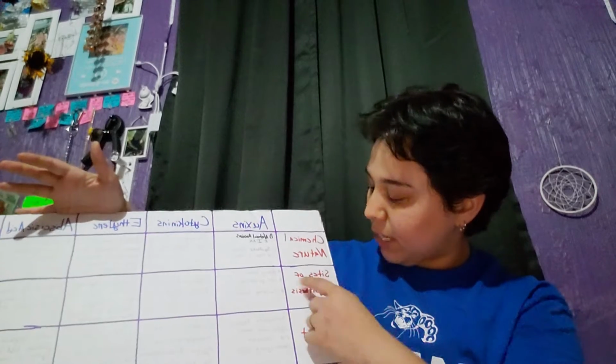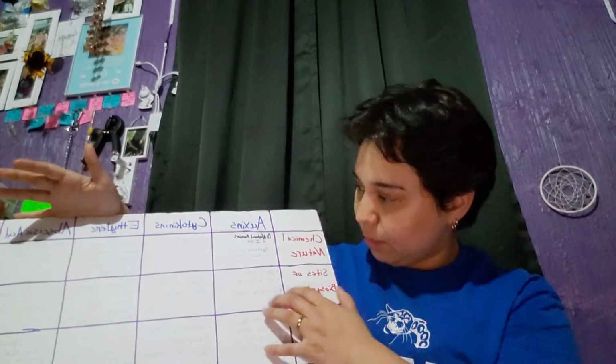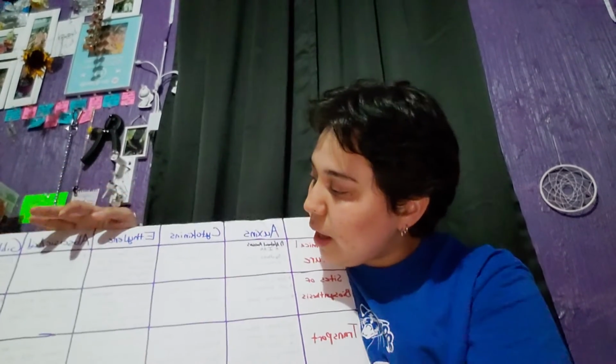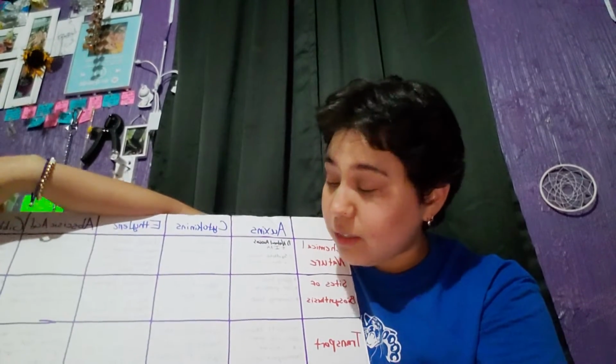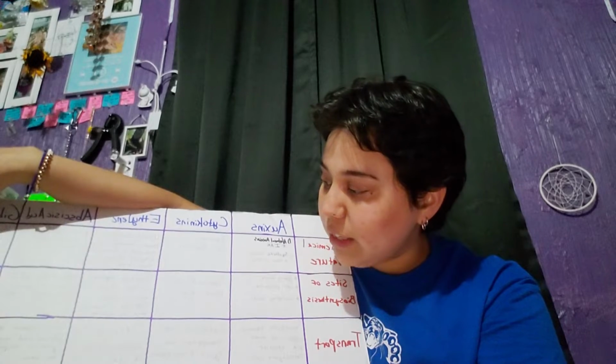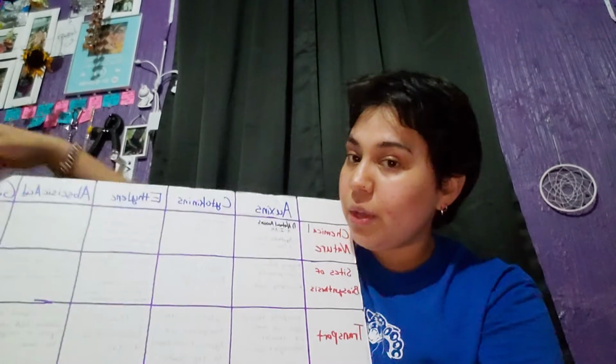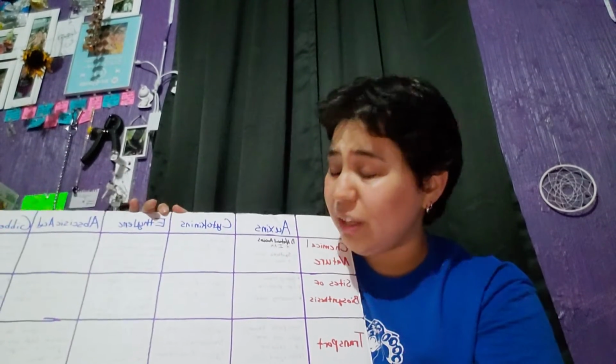And then the sites of biosynthesis for ethylene. Oh yeah, I can read my own handwriting. It's produced anywhere in the plant during stress, especially in tissues that are ripening, so like fruits.